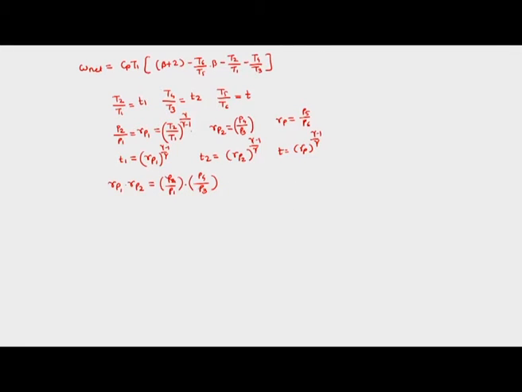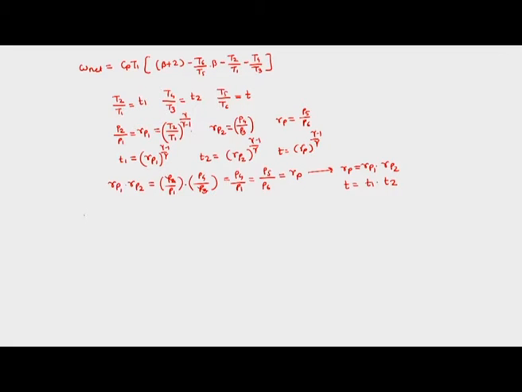So this is P4 by P1, but P4 is equal to P5, P1 is equal to P6. So this is Rp. So Rp is equal to Rp1 into Rp2. So what we would have is T is equal to T1 into T2.